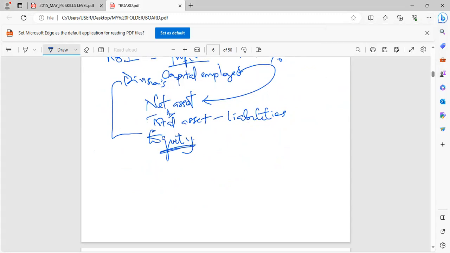So your capital employed, if you sit for your exam and you see something like this, and the examiner did not give you capital employed directly, it's possible that the examiner gives you things you can use to derive your capital employed, like your total assets minus liability. They can change the name to net assets. They can call it equity or capital invested. Then you know that this is capital employed. Is that clear?